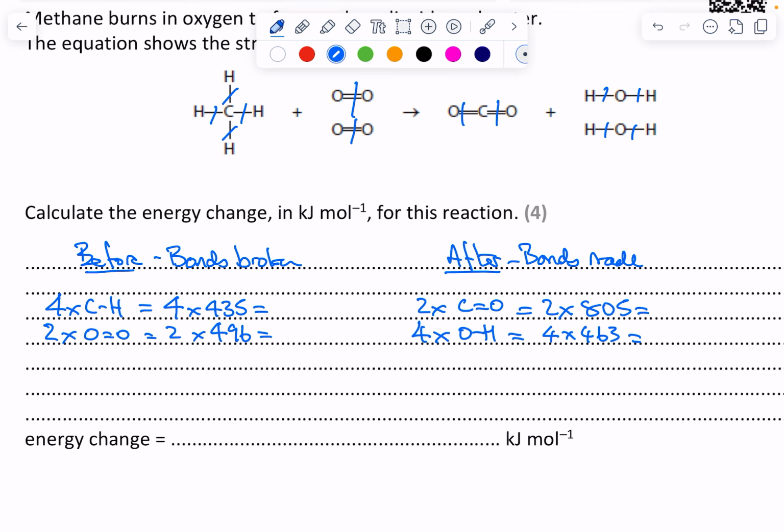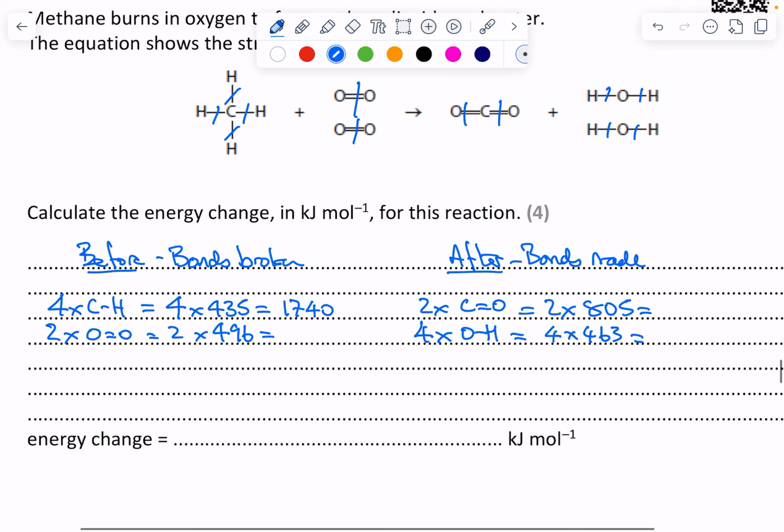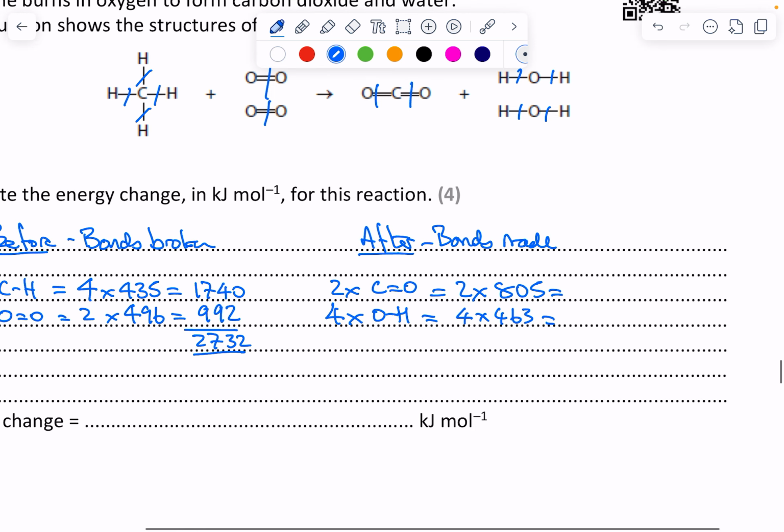So we've got 4 times 435, and that's going to equal 1,740. 2 times 496 is 992. Add those together to get a total. That is 2732. On this side, do exactly the same. So I've got 805 times by 2 is 1610.